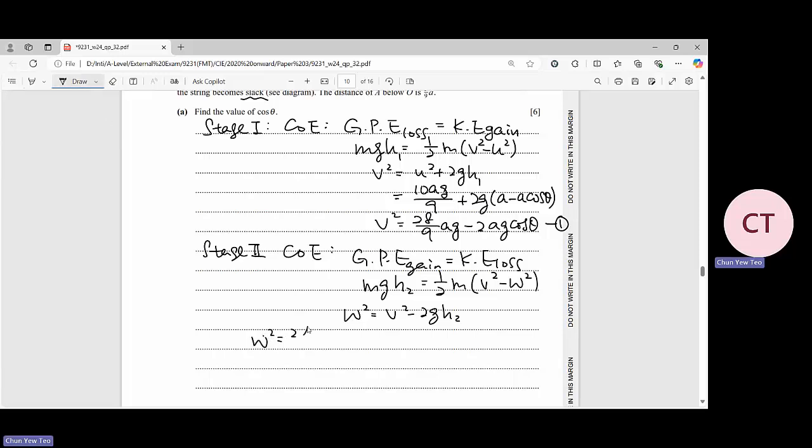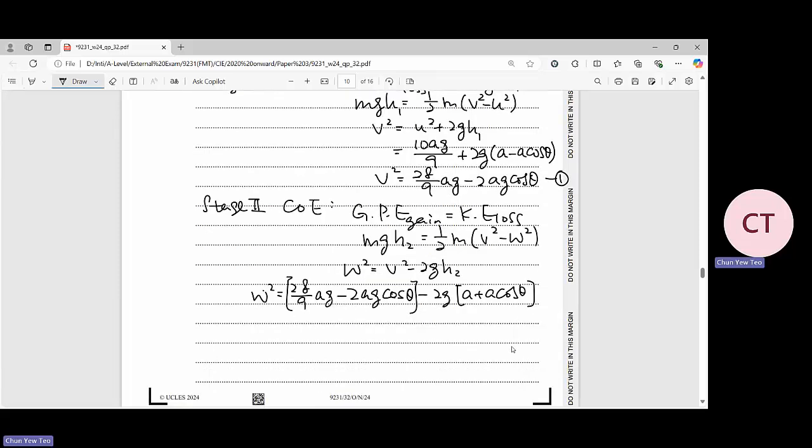It will be equal to 28 over 9 ag minus 2ag cos theta, minus 2g times the height over here, which will be a plus a cos theta. Oh, no. This time the radius will be different. The radius is no longer a. Very tricky, huh?